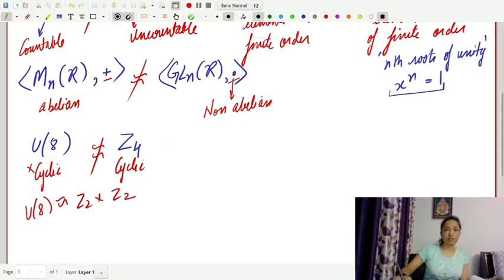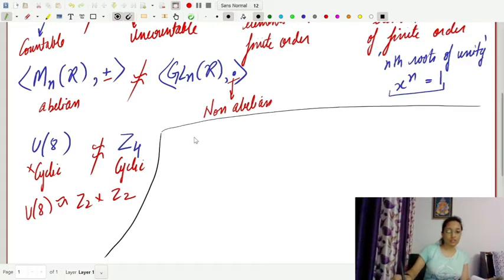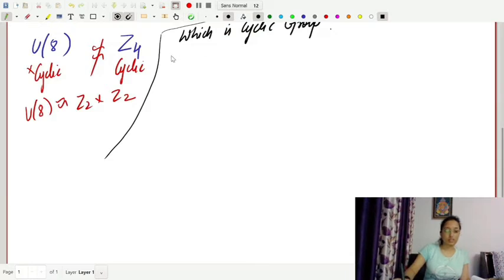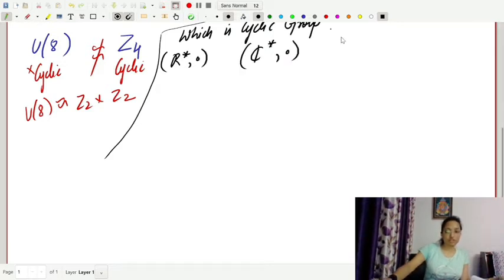Now, another problem which we will discuss is: which is a cyclic group from the following, that is, non-zero reals under multiplication, non-zero complex numbers under multiplication, non-zero rationals under multiplication.